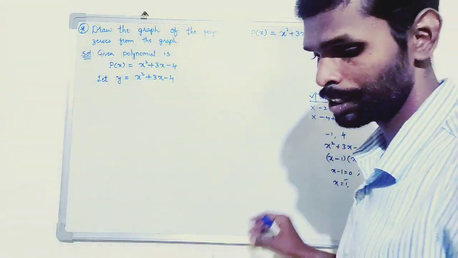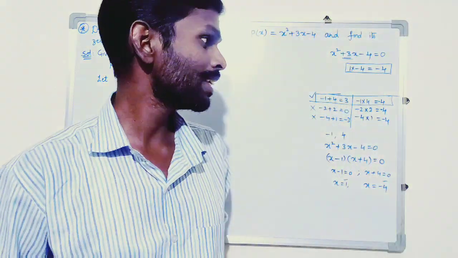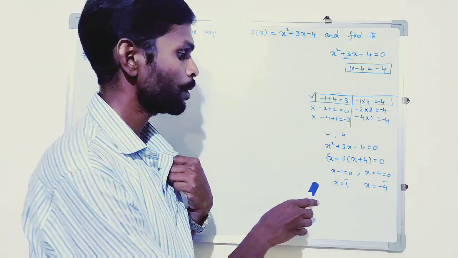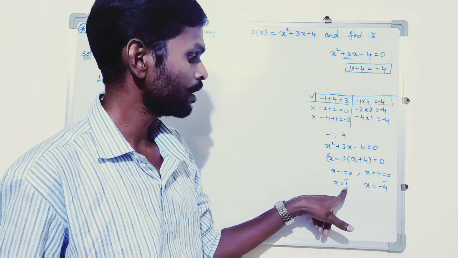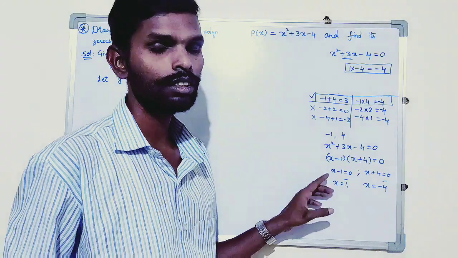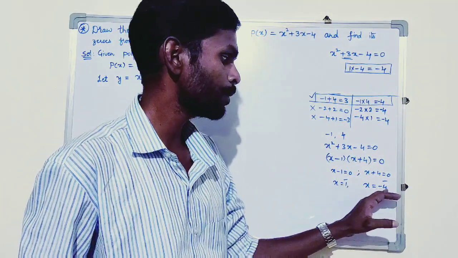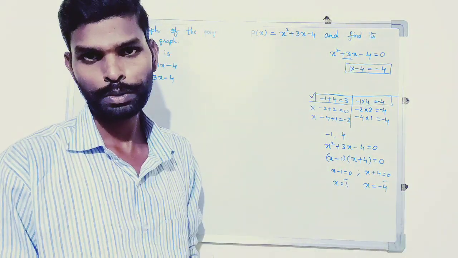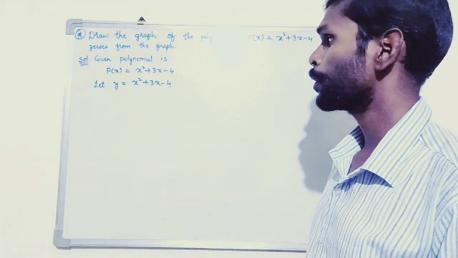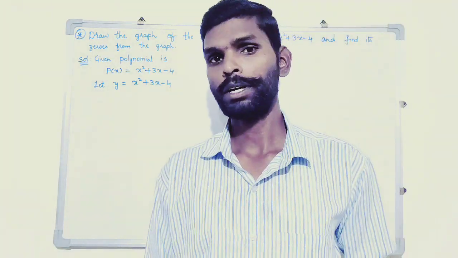Why I did this here is to get a clear idea and understand the problem perfectly. Here I can know that for the x values 1 and minus 4, the polynomial value should be zero. So it was clear that the zeros of the polynomial are plus 1 and minus 4.